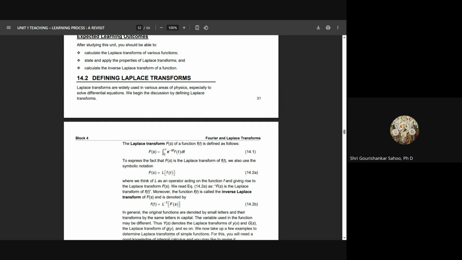And to express the fact that F(s) is the Laplace transform of f(t), you have to use the symbolic notation. What is that symbolic notation? F(s) is equal to L{f(t)}, as shown on the screen. Similarly, you have inverse Laplace transform. Small f(t) is equal to L inverse of capital F(s).